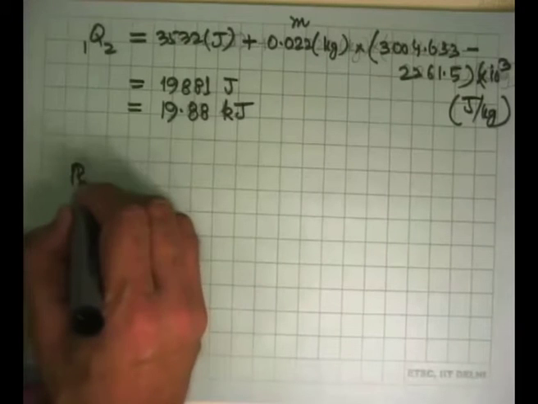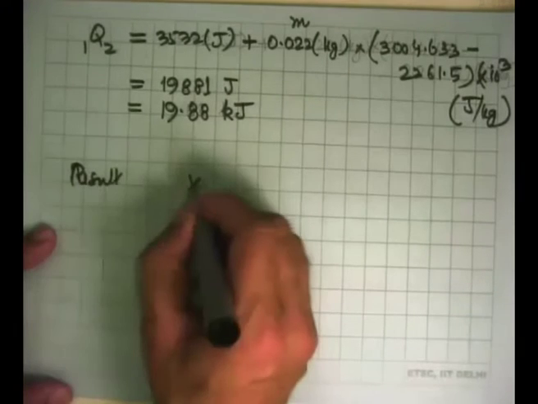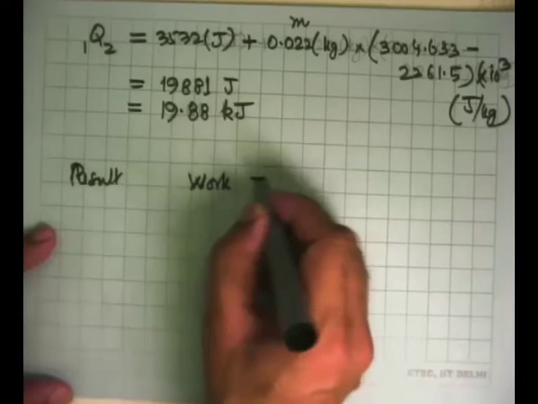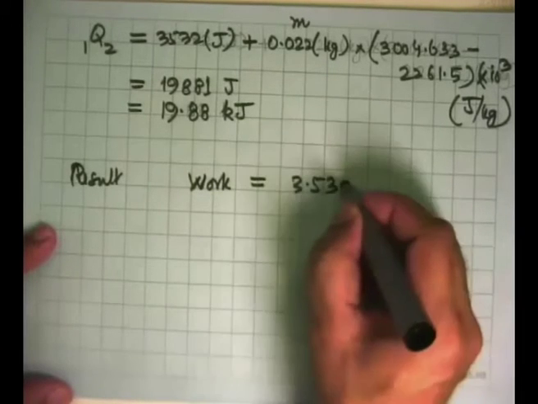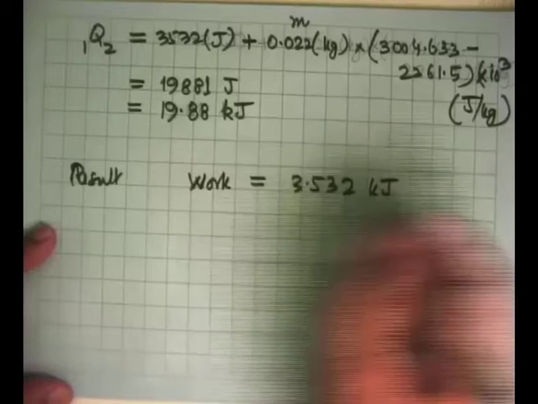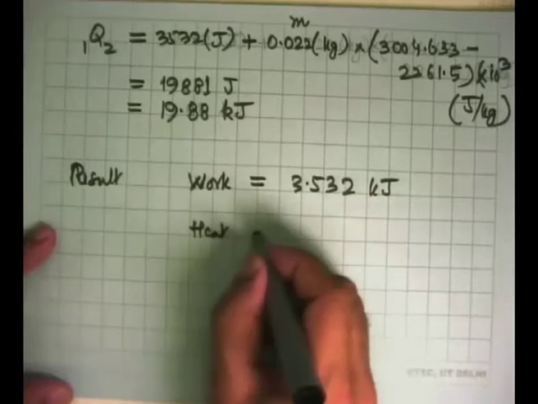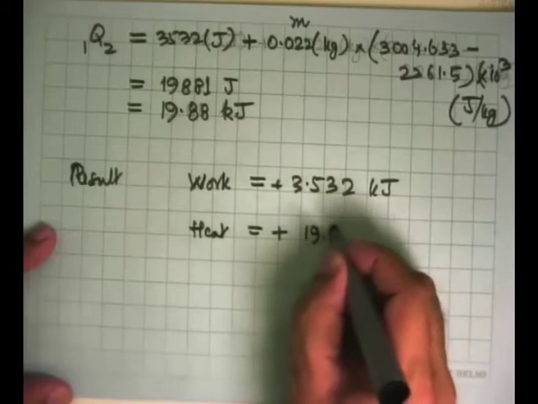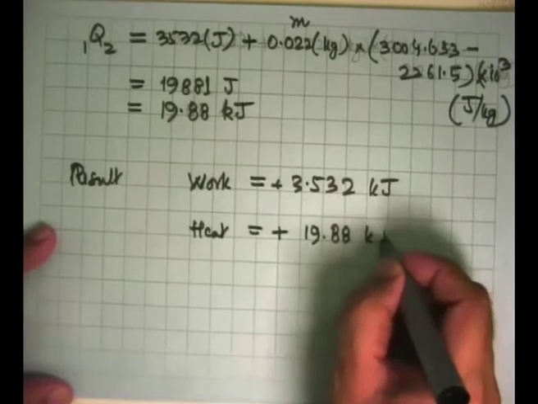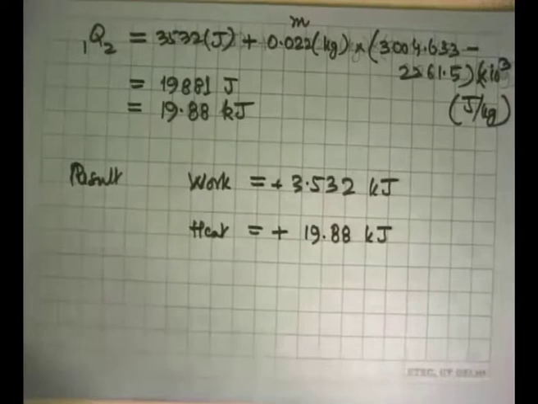The result: the work output in the process was 3.532 kilojoules, and heat transfer, this is also positive, was 19.88 kilojoules. Okay, so we have solved the problem.